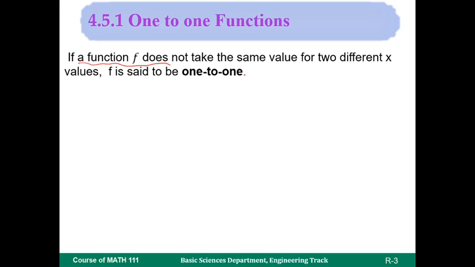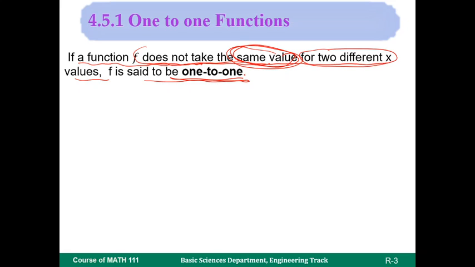Now, if a function doesn't take the same value for different x values, f is said to be one-to-one. So the important thing is, f doesn't take the same y value for two different x values, so for any x value we have only one y value.